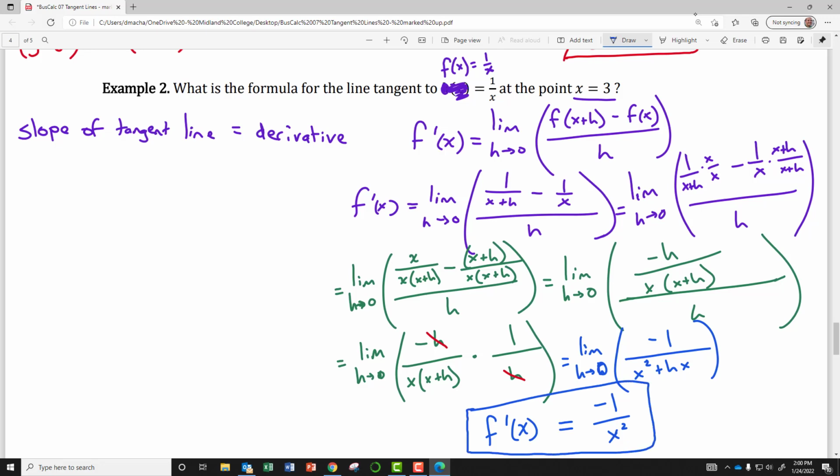We found that f prime of x is equal to negative 1 over x squared. So if we want the slope of the tangent line at the point x equals 3, this slope is going to be negative 1 over 3 squared, which is negative 1/9. So it's a very shallow slope and just a slightly decreasing slope.